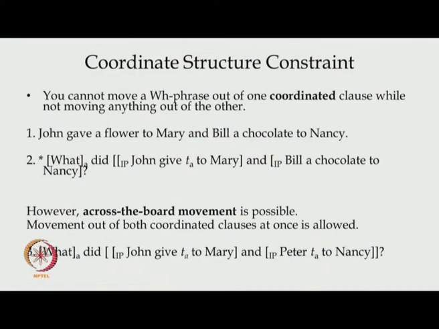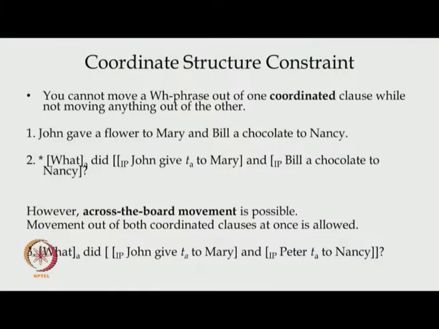So, what do we mean by coordinated clause? Let's look at this first example. In one, John gave a flower to Mary and Bill a chocolate to Nancy. What's the coordinated clause in this sentence? What's the verb? Gave, right? And then what's the coordinated clause?